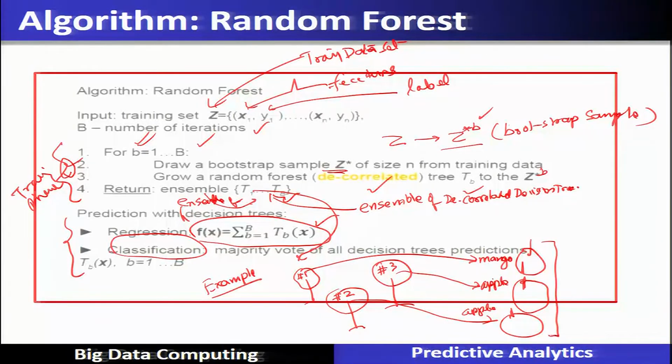Now if we take the majority, then the majority comes as an apple. So this will be the prediction. The prediction suppresses the noise part, therefore these random forests are much more accurate as far as predictions are concerned compared to single decision trees.